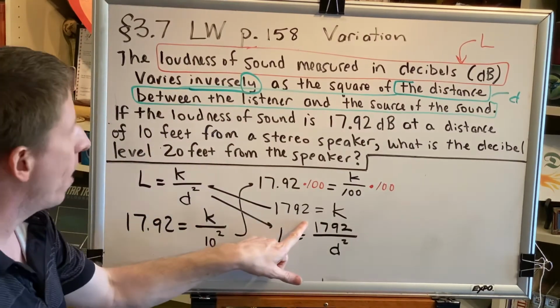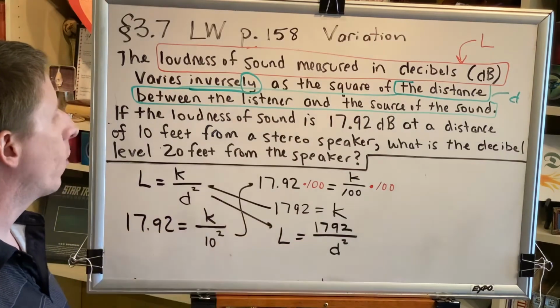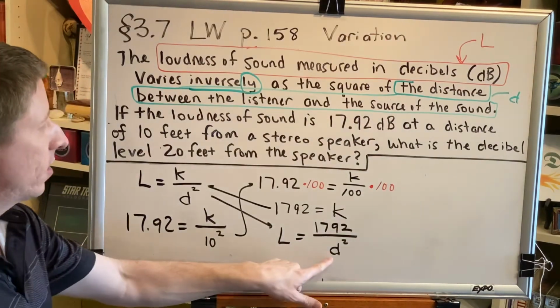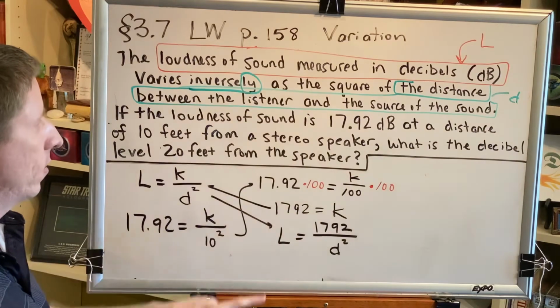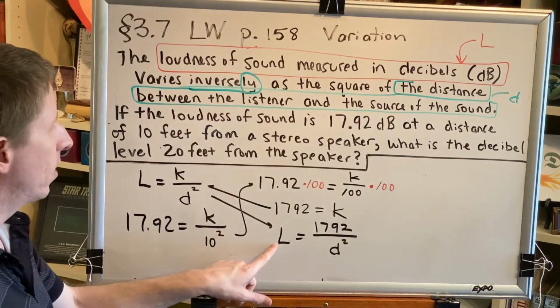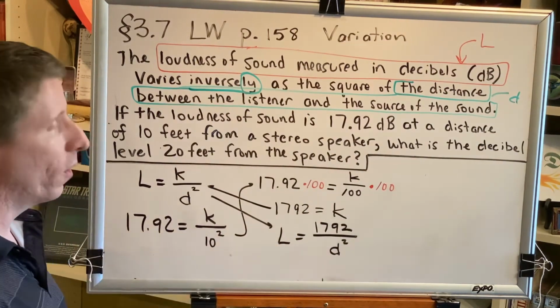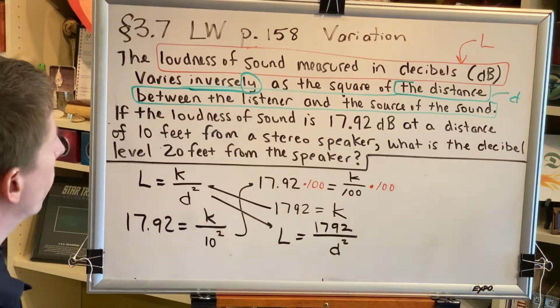L equals 1,792 over D squared. Now, if someone gives us a distance, we can find the loudness. And if someone gives us the loudness, we can determine what the distance must be.